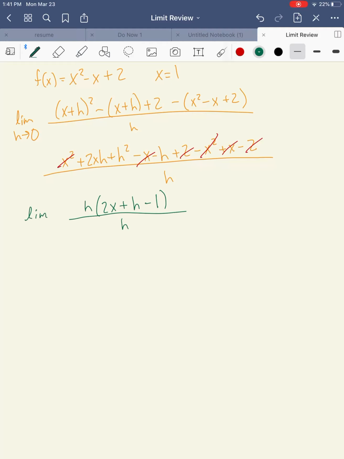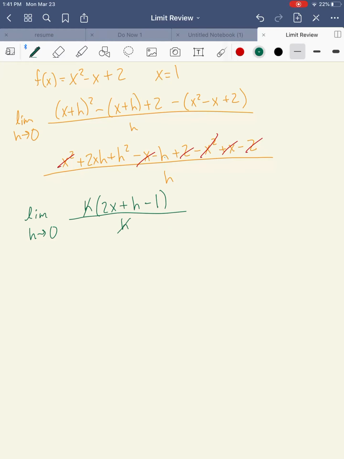Evaluate the limit as h approaches 0. And if you're confused where I got this minus 1, if we pull out 1h, remember we still have to put a 1 there, because when we multiply it back in, we have to get the minus h. That's where I got the minus 1.